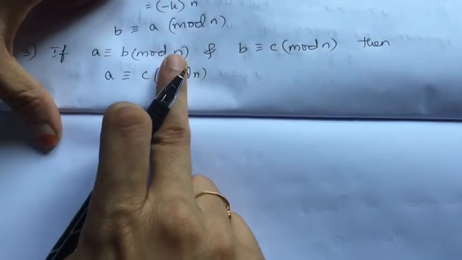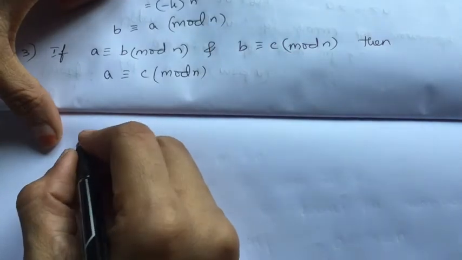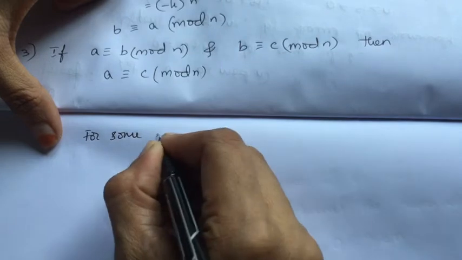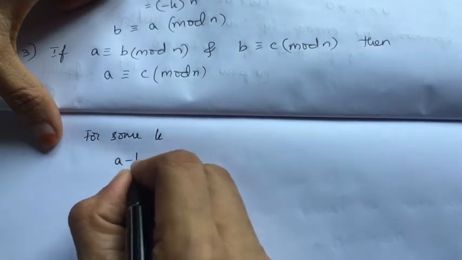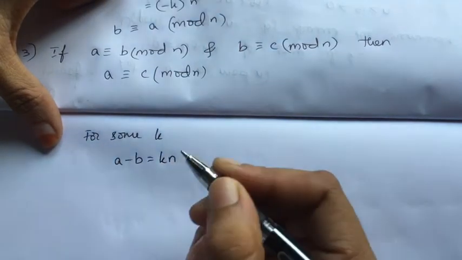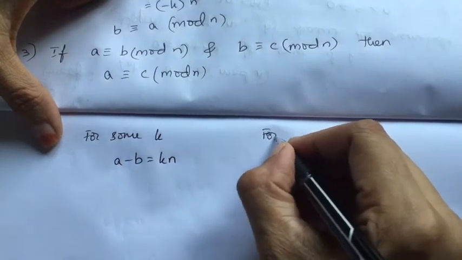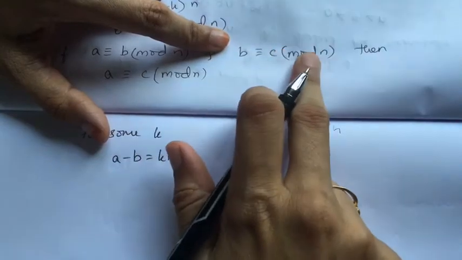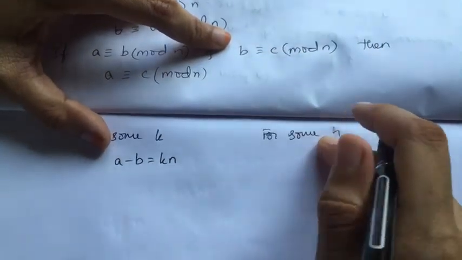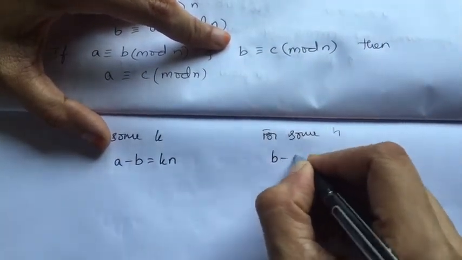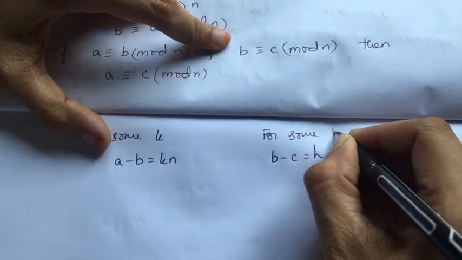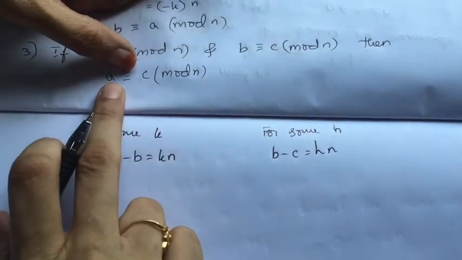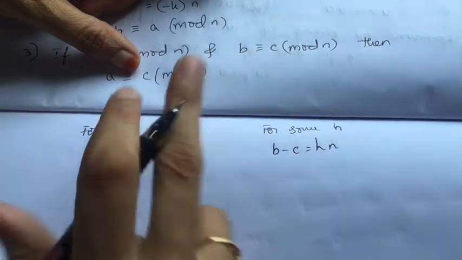Therefore, for some integer k, I can write A minus B equals kn. And for some integer h, since B is congruent to C mod n, I can write B minus C equals h times n. So I have to prove A is congruent to C mod n.